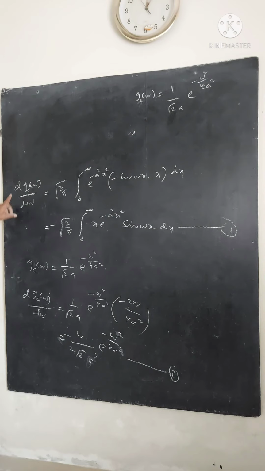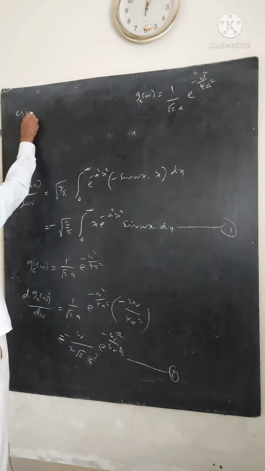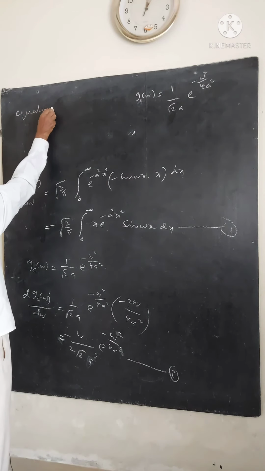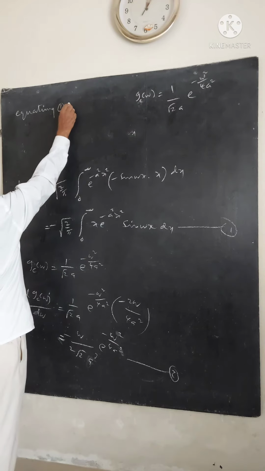1 and 2 are equal. dgc by d omega equals 1 and 2.